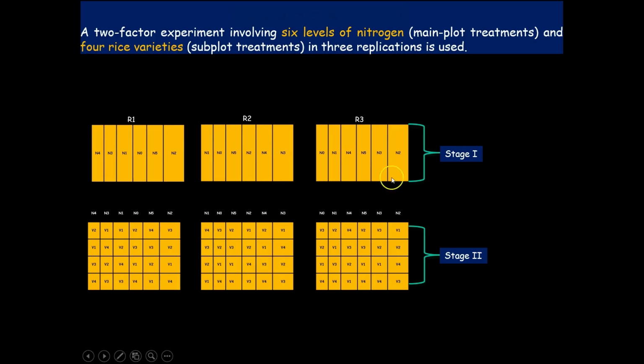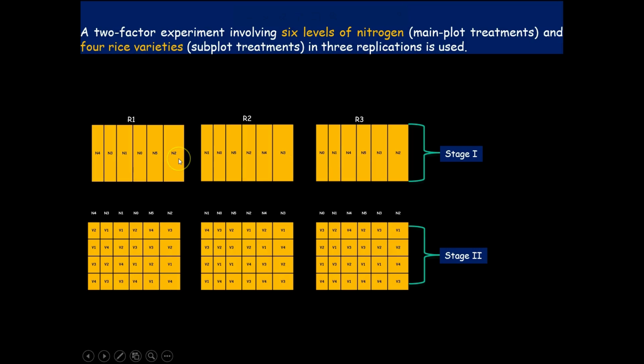So in step 1, we divide the whole experimental area into 3 blocks, r equal to 3: R1, R2 and R3, each of which is further divided into a equal to 6 main plots, because we have 6 levels of nitrogen: 1, 2, 3, 4, 5 and 6. Same with the second replication and the third replication.